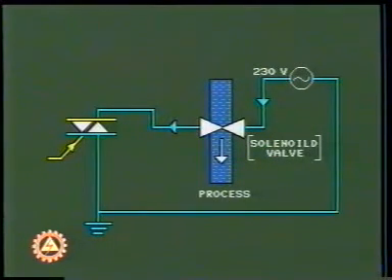As solenoid valve goes to on state, the chemical starts pouring into the process. By controlling the on time of solenoid valve, we add appropriate amount of chemical into the process.